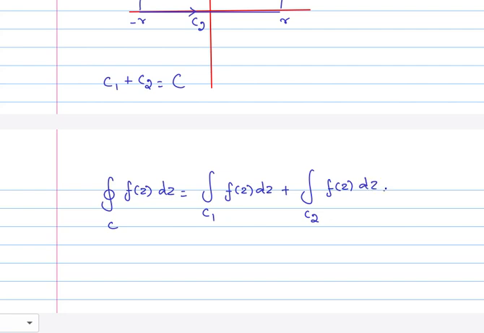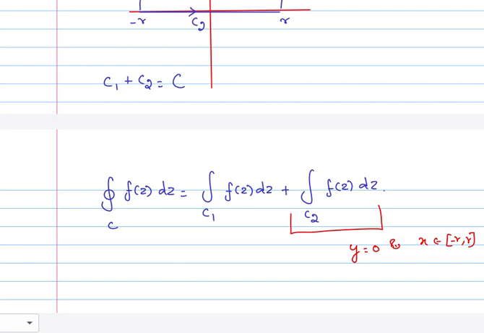I can write that, correct? Now look at this integrand first. On the interval, y is always 0 and the x value lies between minus r and plus r.